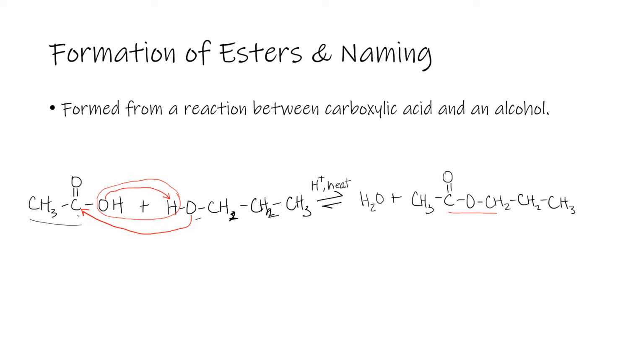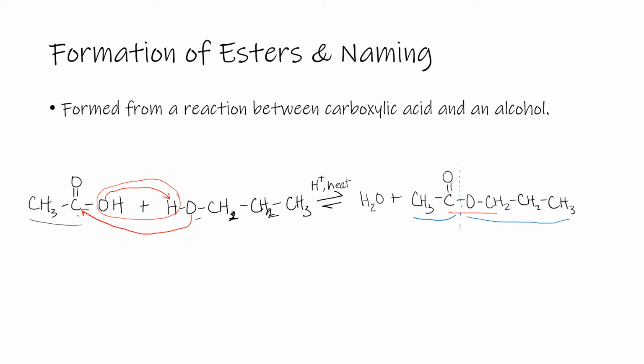Now, to name esters, their names are sort of derived from the alcohol and the carboxylic acid that formed them. And so when you look at an ester and you're trying to figure out, okay, how do I name this? You have to figure out what part of my molecule came from the acid, what part came from the alcohol. And the easiest way to do that is to find the carbonyl oxygen bond and just kind of draw an imaginary line in between them, because the carbonyl over here came from the carboxylic acid and the oxygen over here came from the alcohol.